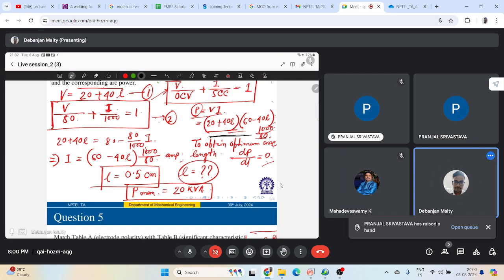Till this you have understood how I have related power to the arc length. So power will be coming as 1200 minus 800 L plus 2400.